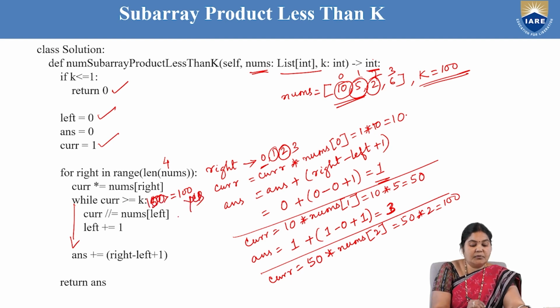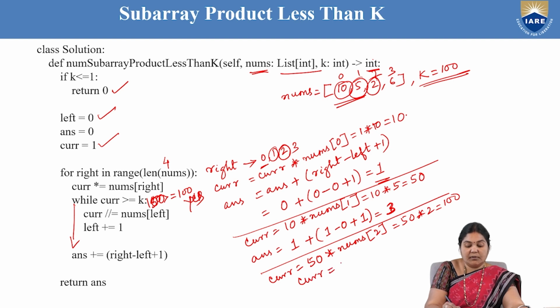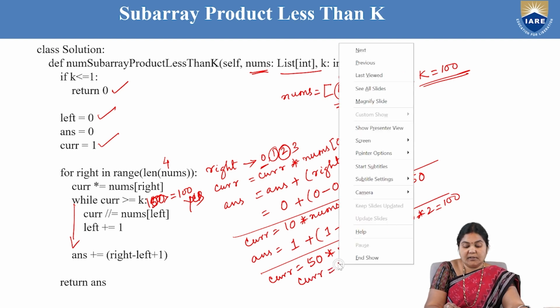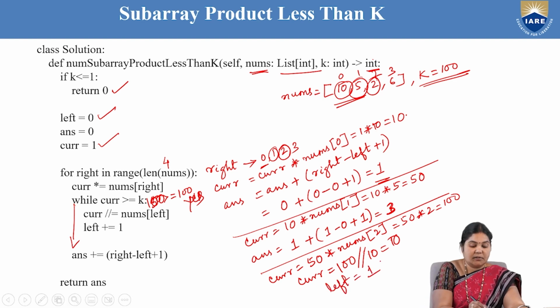If 100 is equal to 100, then what we have to do? We have to divide from current. So current is 100, integer division by nums of left. Nums of left is 10. So current becomes 10. And left becomes left plus 1, so left plus plus, it is 1.